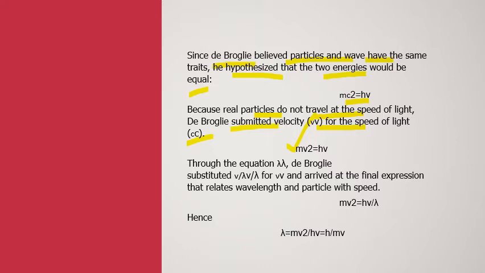Now, we convert nu to v upon lambda. If we substitute this frequency value, it becomes mv square equals hv upon lambda.